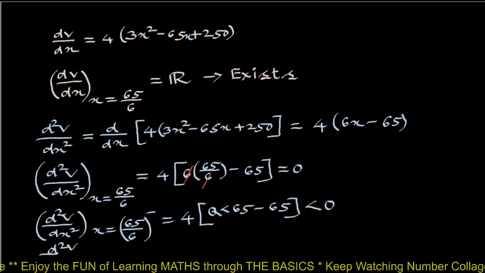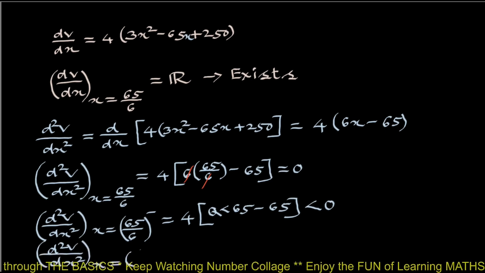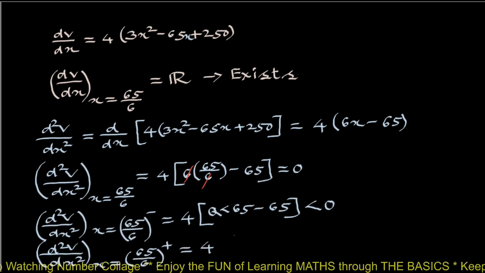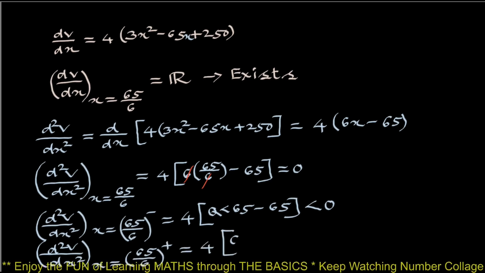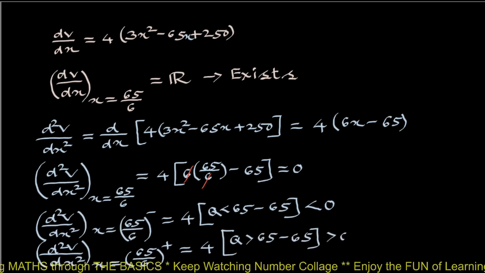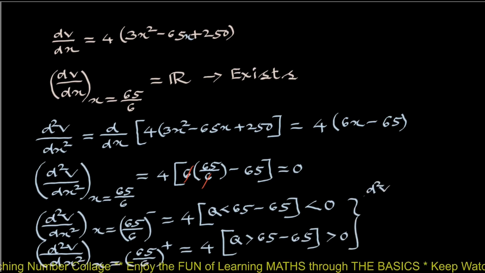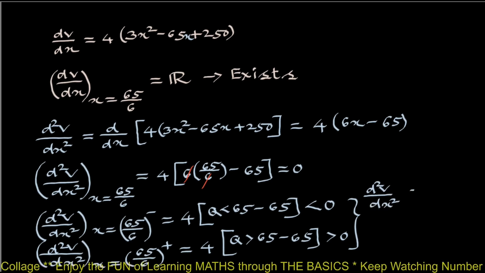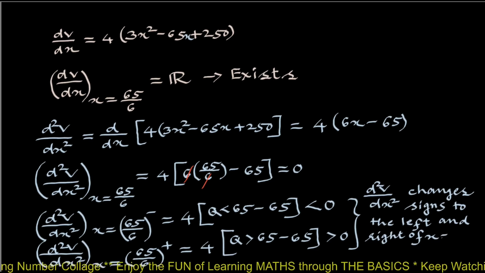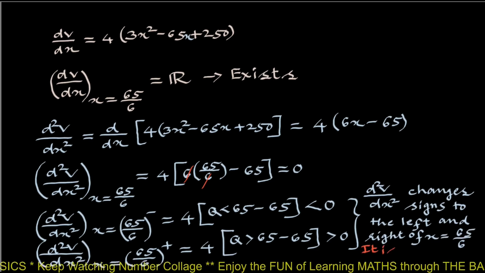And d2V upon dx square at x equals any value to the right of 65 upon 6, plus, will give 4 times (6 times any quantity q greater than 65 upon 6, minus 65), which will be a positive quantity. Since the values of d2V upon dx square change sign to the left and right of x equals 65 upon 6, we say that it is a point of inflection.